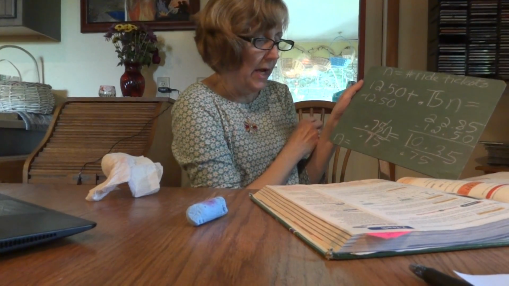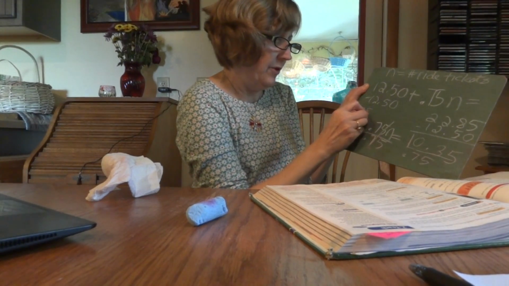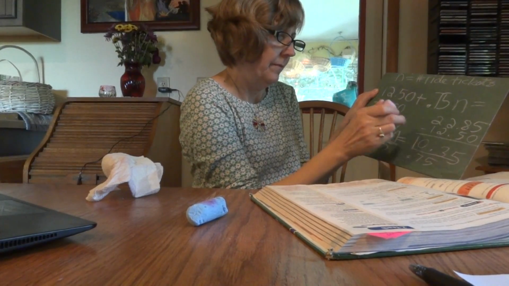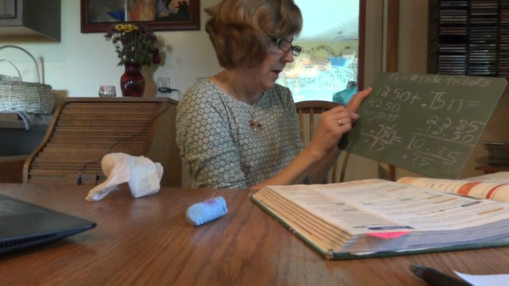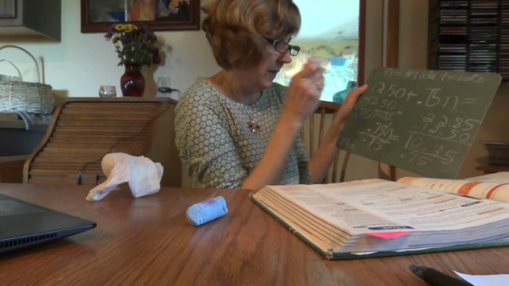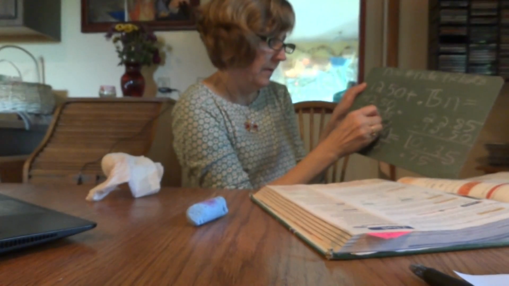0.75 goes into 10.35. So do long division here to figure that out. All right. Remember, you move the decimal place 2 places. 75 will go into 103 once.